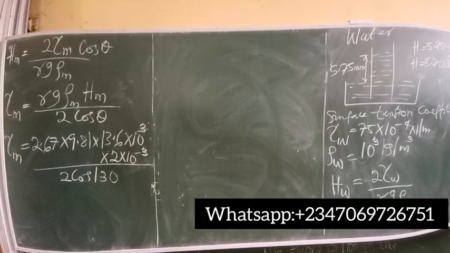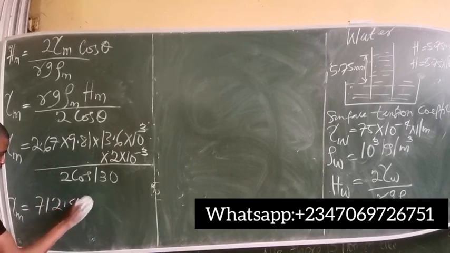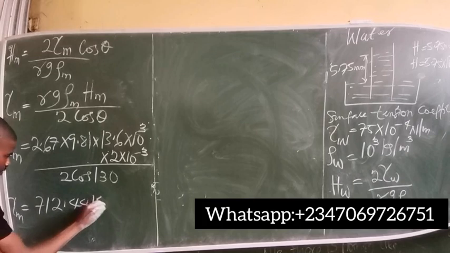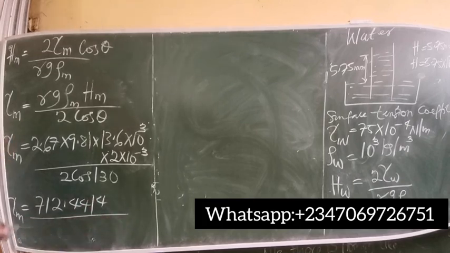So you simply have this, okay? So the surface tension coefficient for mercury is now equal to 712.4414, all over 2 cos 130.